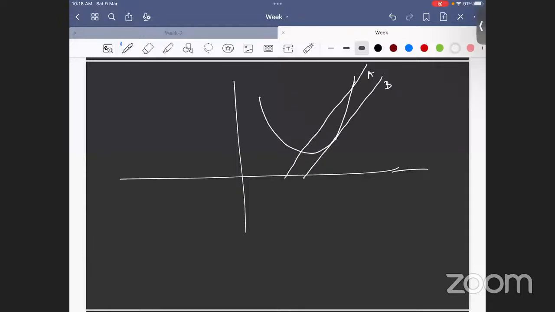Sir, I have a perspective on this. May I go ahead? Yeah, sure. A curve is like a path traced by a moving point.